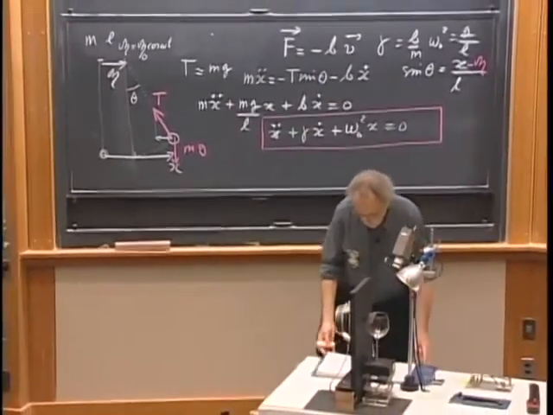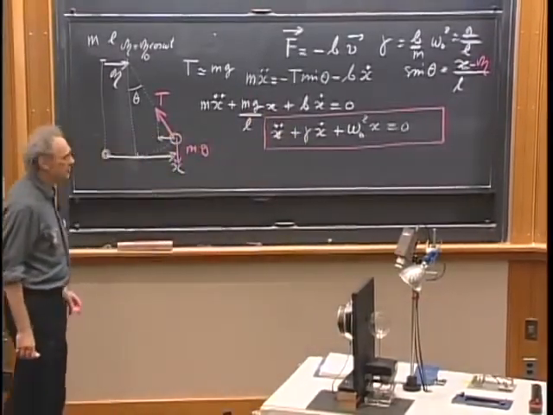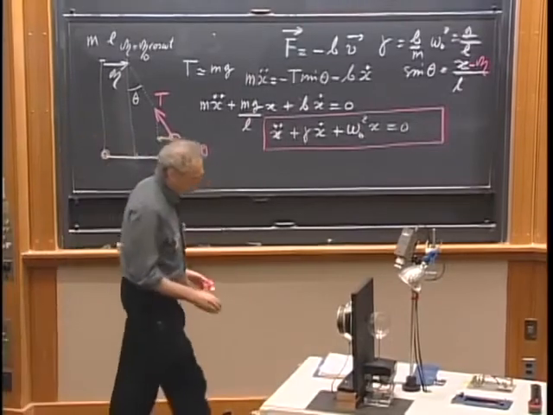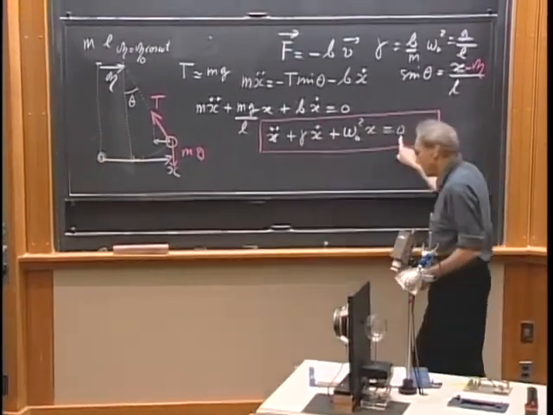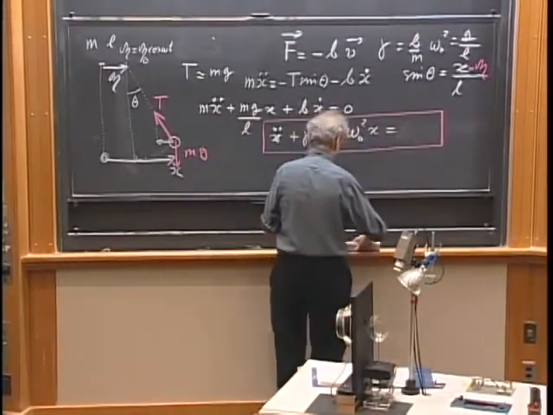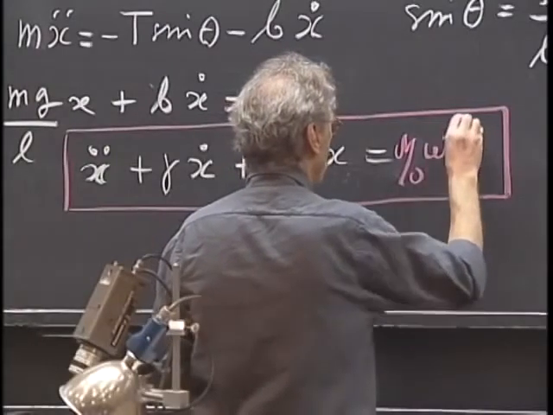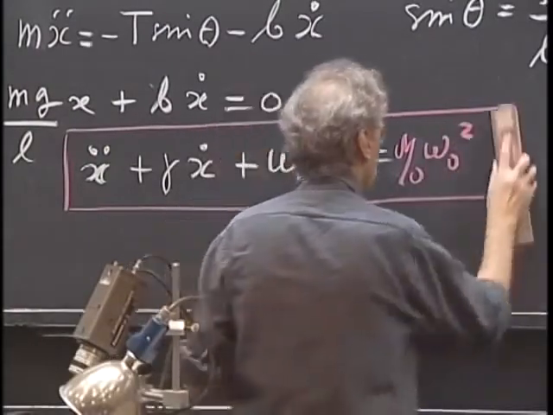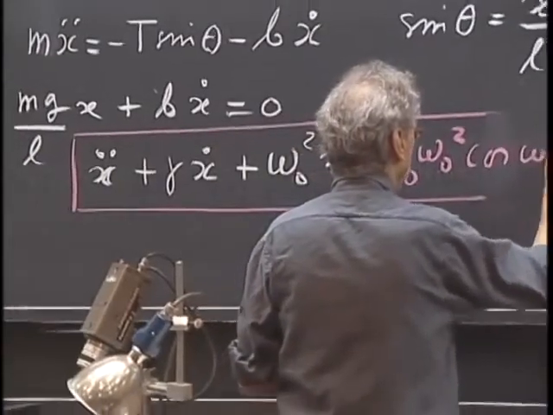And this now, you have to carry through in your differential equations. And what you will see then, if you do that, is that this now is not 0, but this now becomes eta 0 times omega 0 squared times the cosine of omega t.